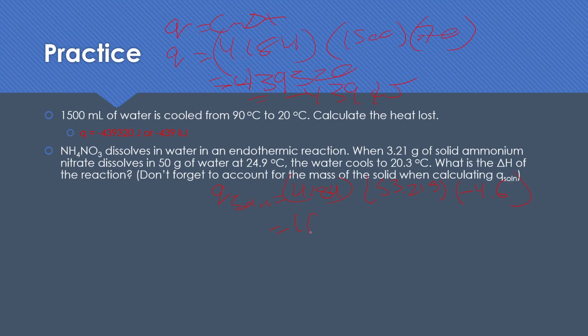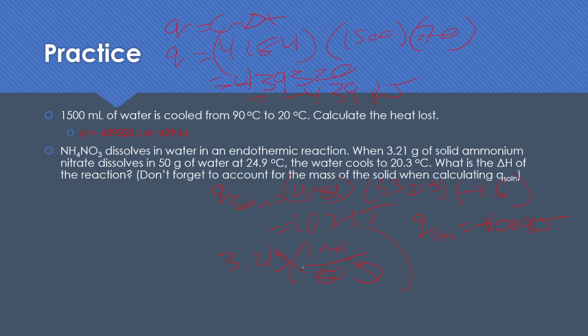All right, so you get 1,024 joules. So Q of the reaction is, sorry, it's positive 1024 joules, right? Endothermic, it's gaining heat. So you have 3.21 grams times 1 mole per 80 grams.